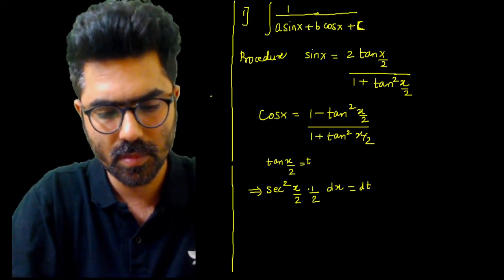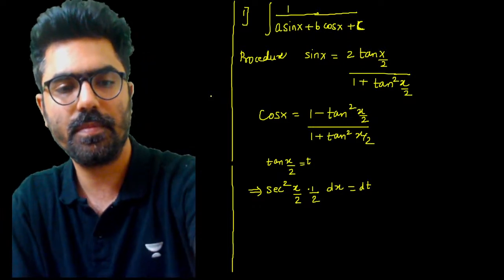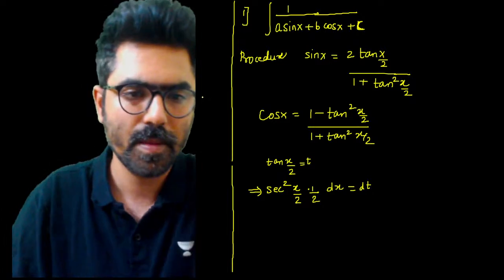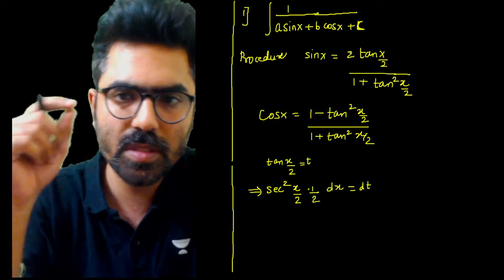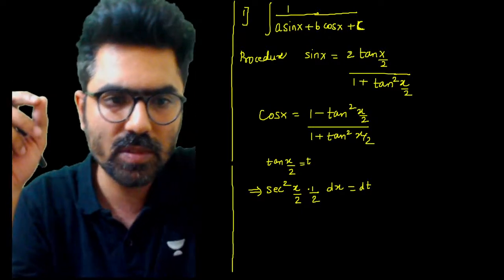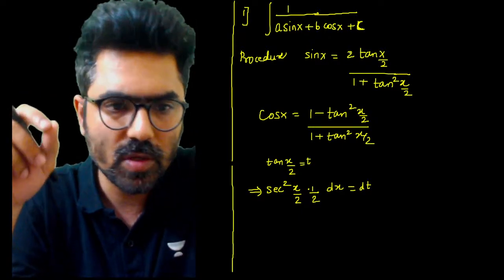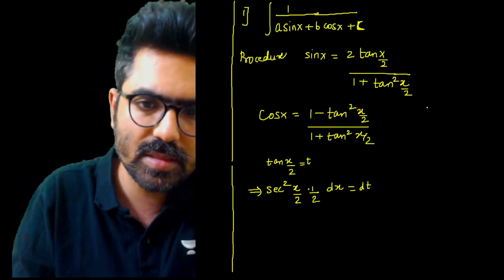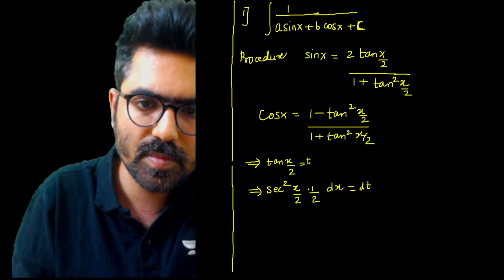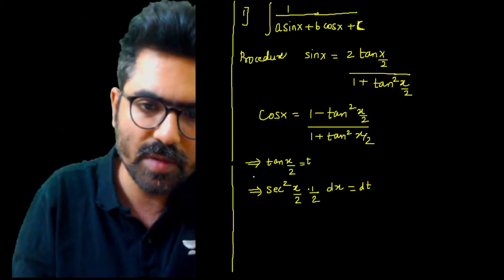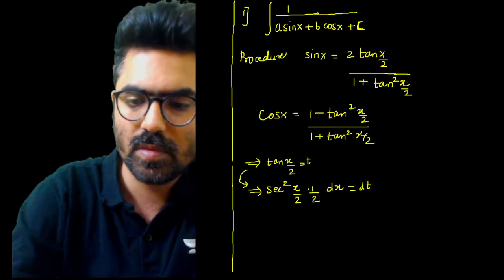The first step is, instead of sin x, use 2 tan x by 2 upon 1 plus tan square x by 2. Second, instead of cos x, use the second formula. And then the third step will be tan x by 2 is equal to t, and then sec square x by 2 as the derivative part. This is a connected one. Let's take one question. I hope you understand.